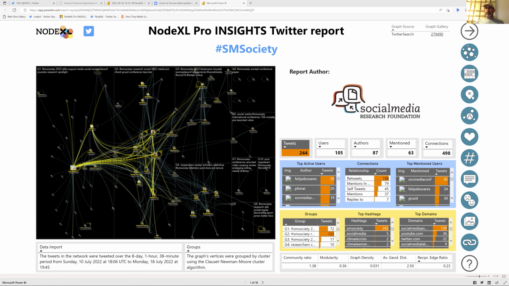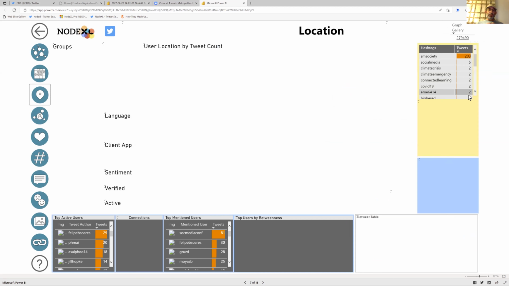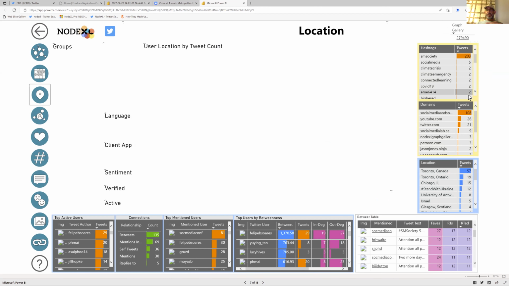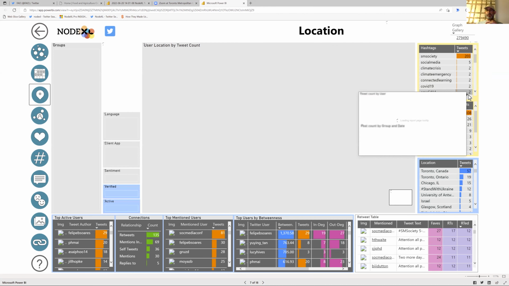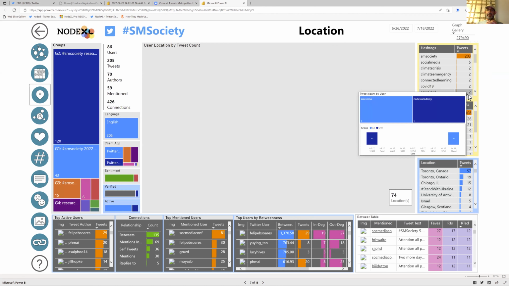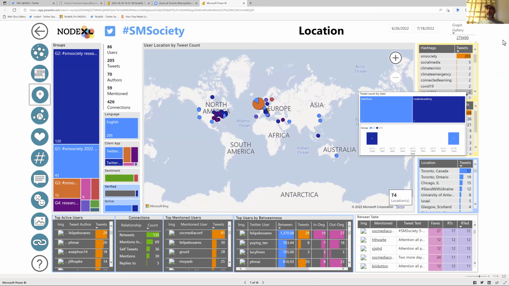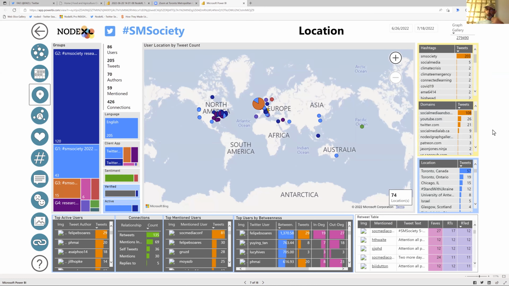But these sidebars are focal pages. These allow us to drill down into some dimension of the data, and in this case, it's going to be the location dimension. What we're going to get to see is where on Earth, at least as people self-declare, and you'll see that we're using this location field, and we're then running it through the Bing Maps filter, and Bing is doing the best it can to figure out where people are.